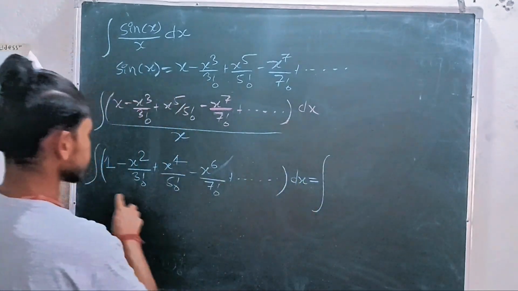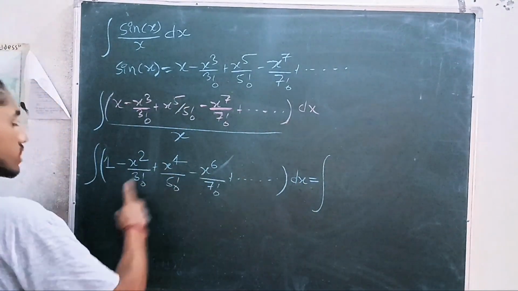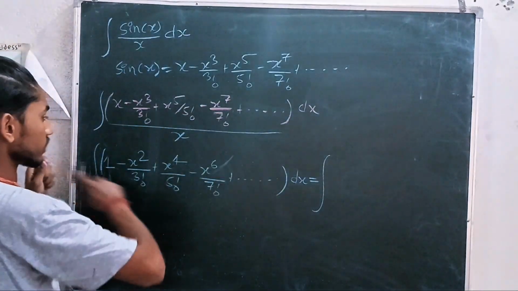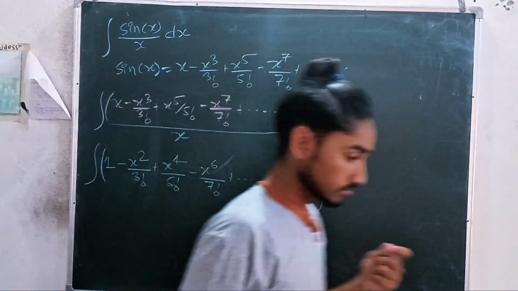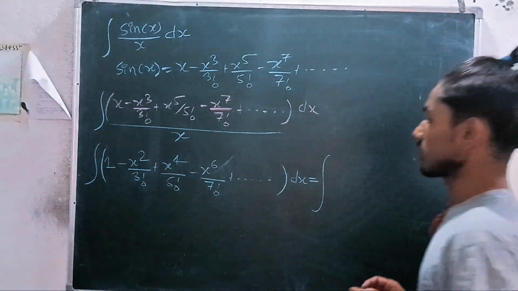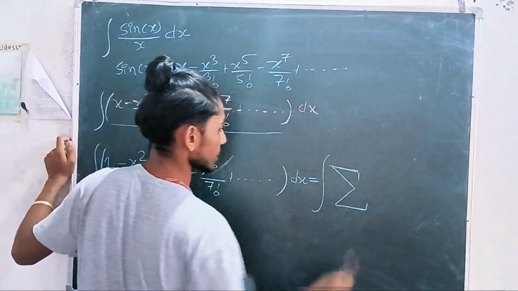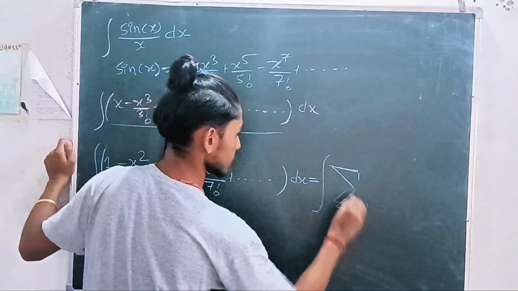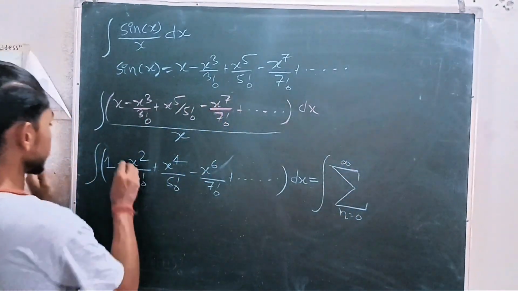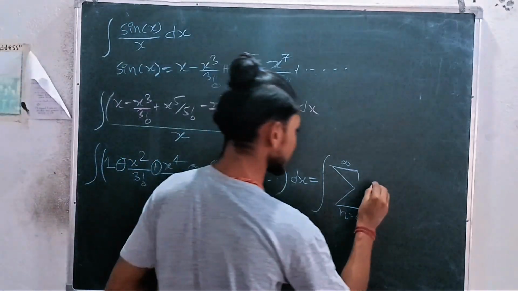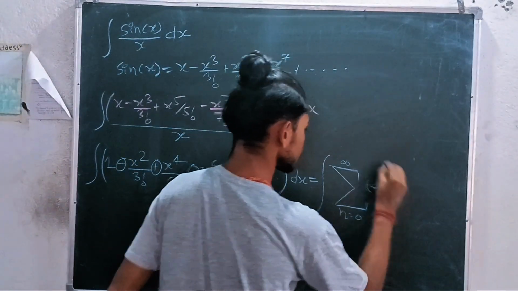And I want to write this whole bunch of non-intuitive polynomials in summation form, and I can write it like this: the summation, where n goes from 0 to infinity. Since there are alternating positive and negative signs here, we need minus 1 raised to the n.